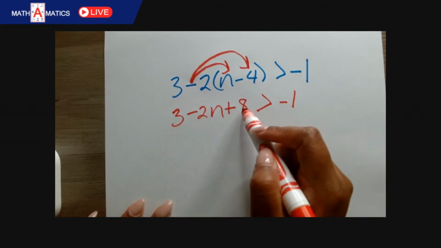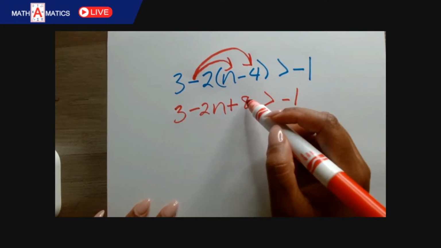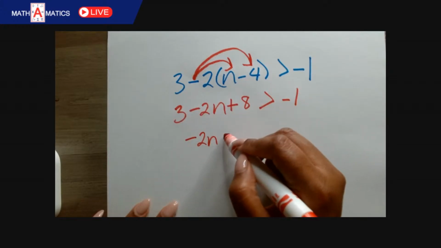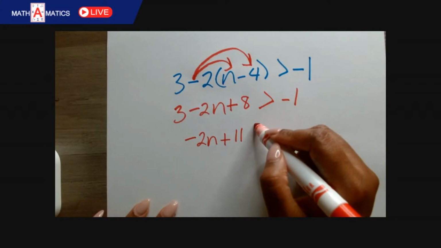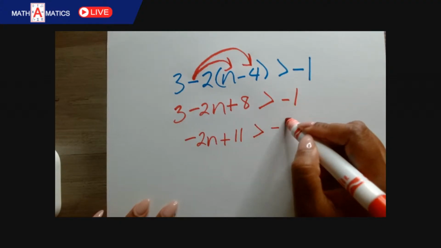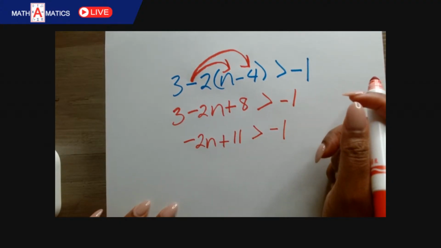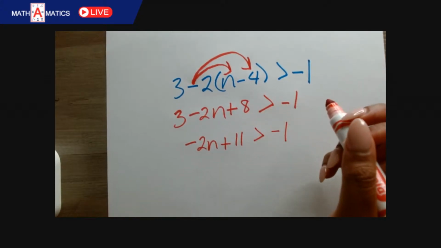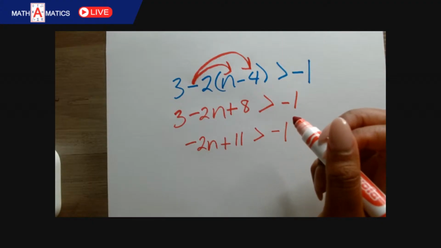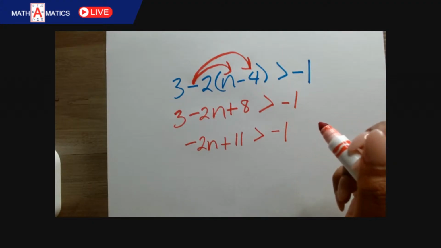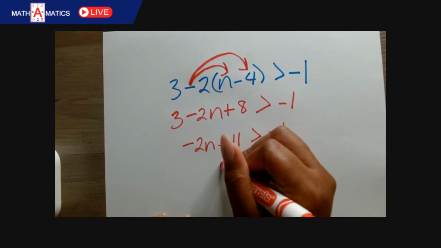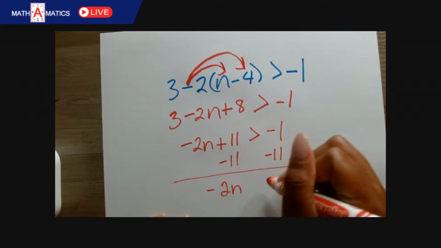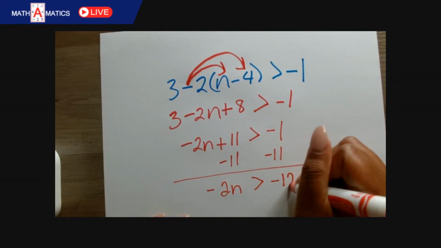And then we're going to combine our like terms on this side. So we'll have -2n plus 11 is greater than -1. And then we are going to subtract our 11 from both sides. So we get -2n is greater than -12.